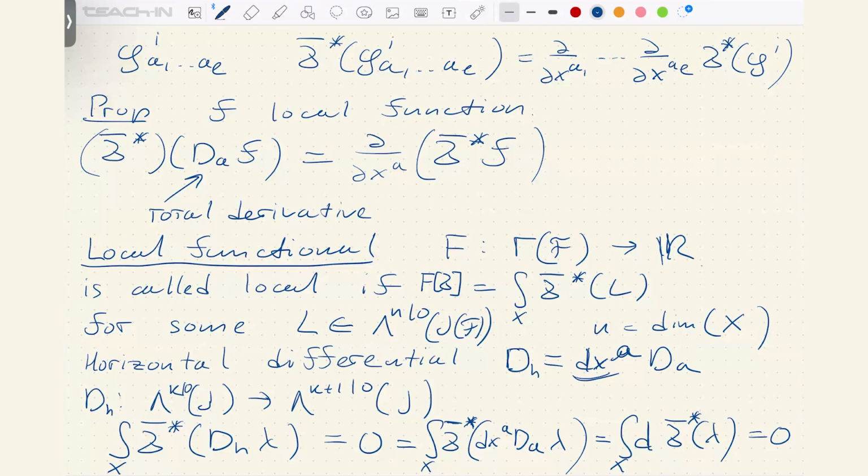So what does it mean? It means that two different local functions might give the same local functional if they differ by a total derivative, or a d_h-exact term.